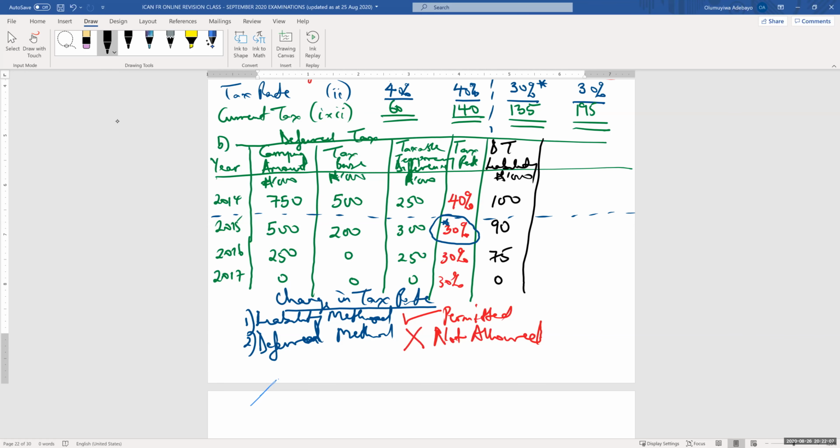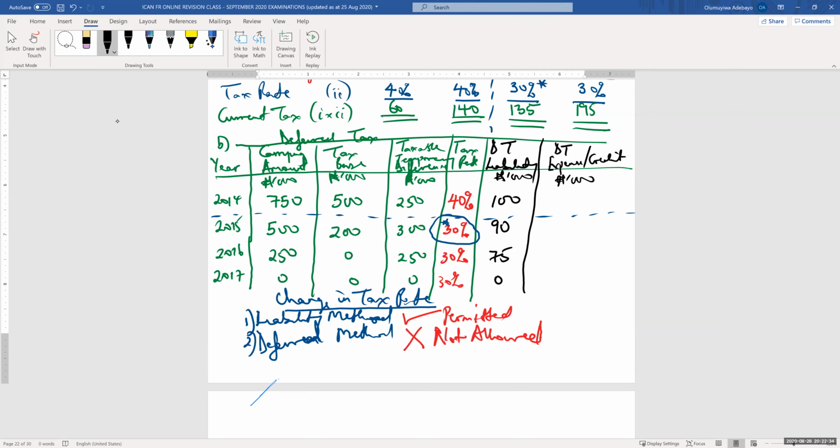Now, as I've said earlier, I can use this singular table to quickly determine my deferred tax expense or credit. Now remember, 2014 was our first year of commencement of business or incorporation. Therefore, we had zero amount of deferred tax as our opening balance.